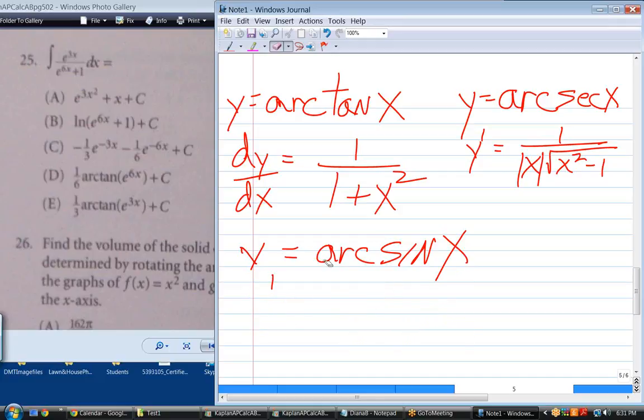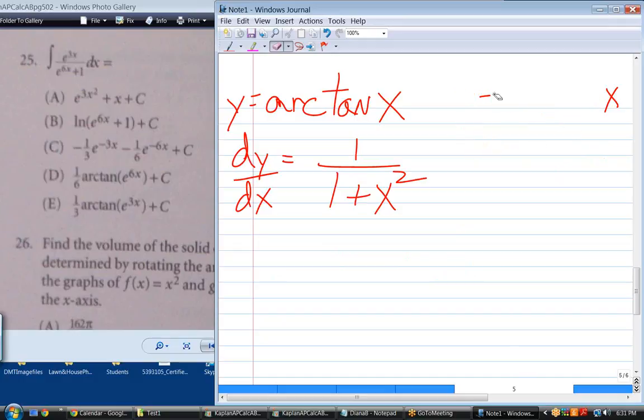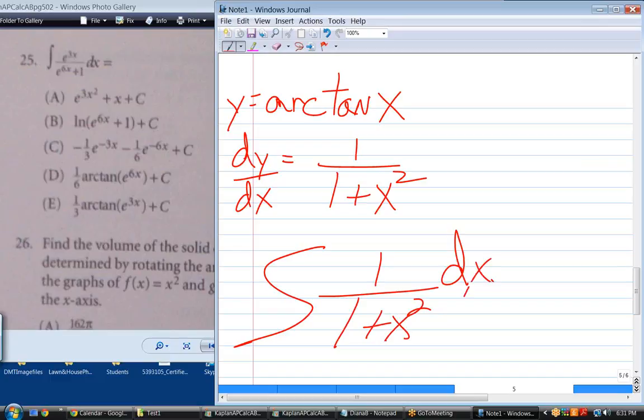Okay. Let's look at that one right there. What would this be? Arctangent?